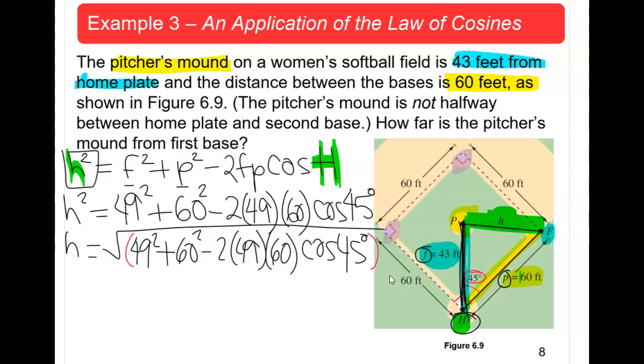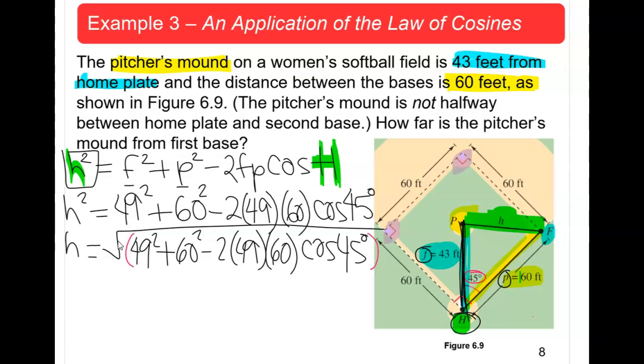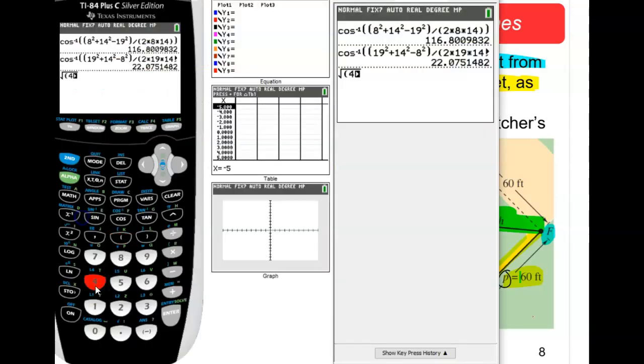And then I'm going to close the parentheses before I exit out of my square root, or after I enter cosine of 45. So we're going to open the square root symbol first, so second, and then that key. And then we open parentheses, and we are going to need 49 squared plus 60 squared. You guys see it's important that we're still inside the square root.